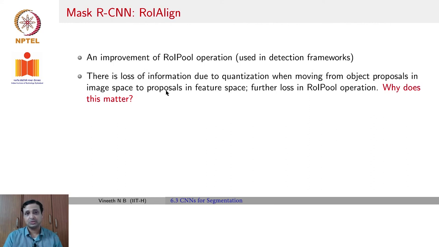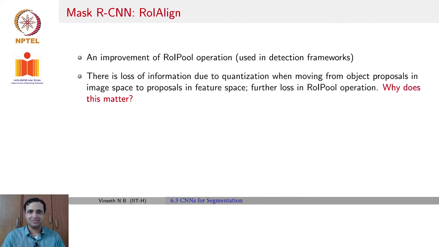And the feature space could be of a different resolution than the resolution in which you obtained your object proposals. In both fast RCNN and faster RCNN, we simply warp it to the size required and then bring your object proposals to that dimension. However, when you do something like this, you could face errors due to quantization.